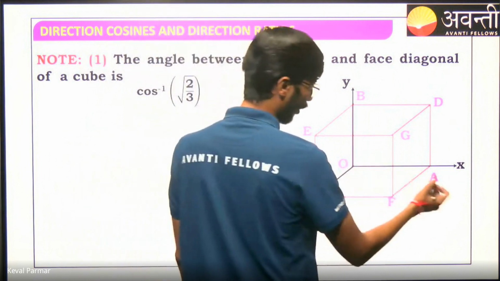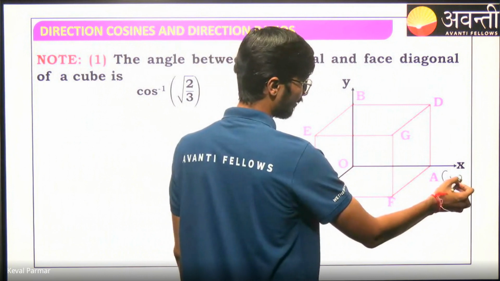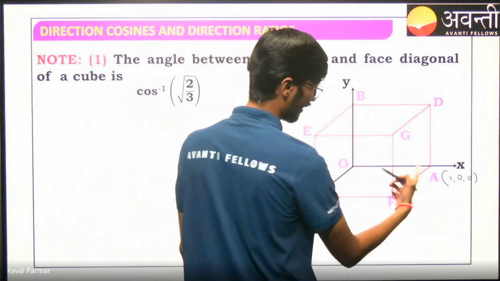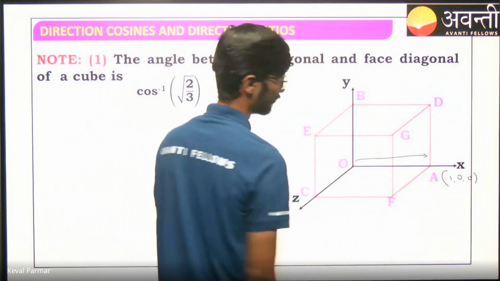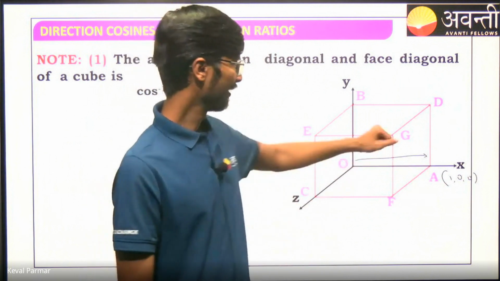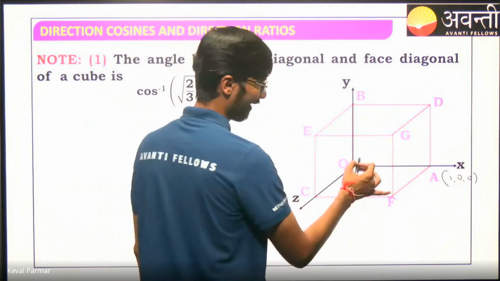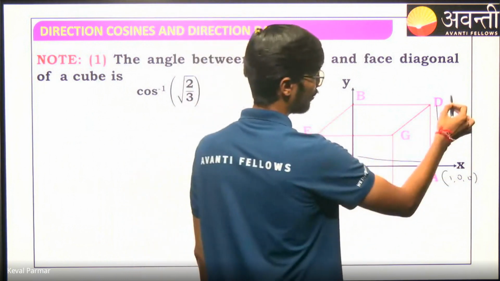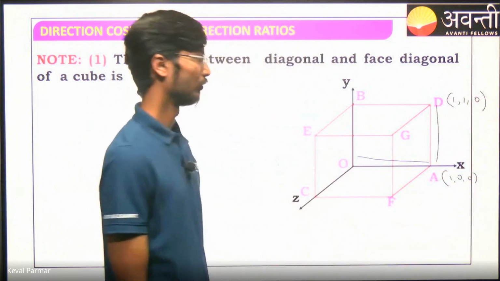So point A will be 1, 0, 0 because we traveled 1 on the x-axis. Similarly, if I want to find point D, I traveled 1 on the x-axis and 1 on the y-axis, so it will be 1, 1, 0.